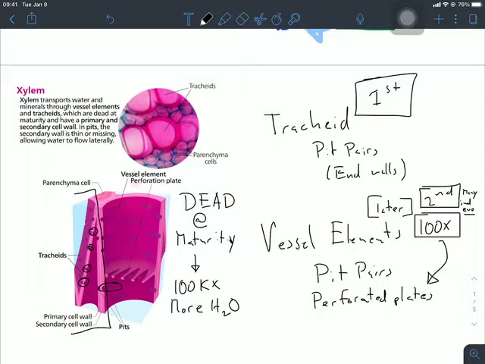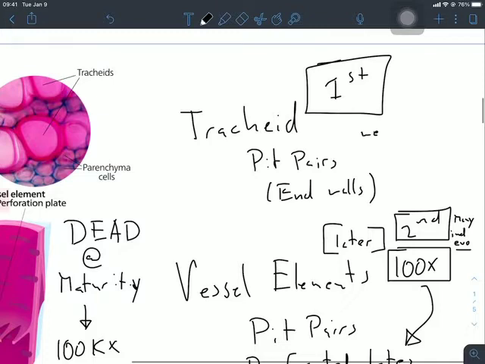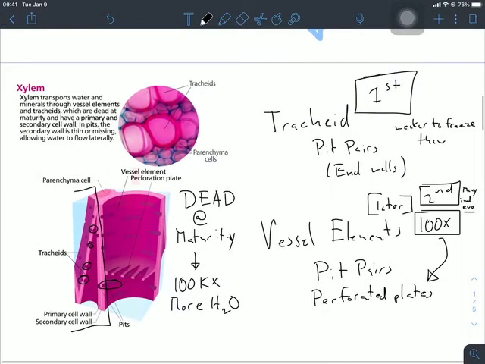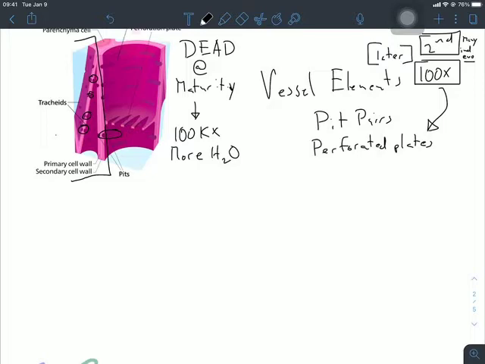Tracheids themselves are a little bit weaker to freeze-thaw cycles. Water freezing and water thawing can oftentimes introduce cavities in tracheids, and a lot of the plants that have tracheids and no vessel elements don't really have an easy way to fix that problem. Once an air bubble forms in these dead cell pipes, because the materials in them are not alive, they just kind of let it persist. And that'll be a major problem that we'll go over.